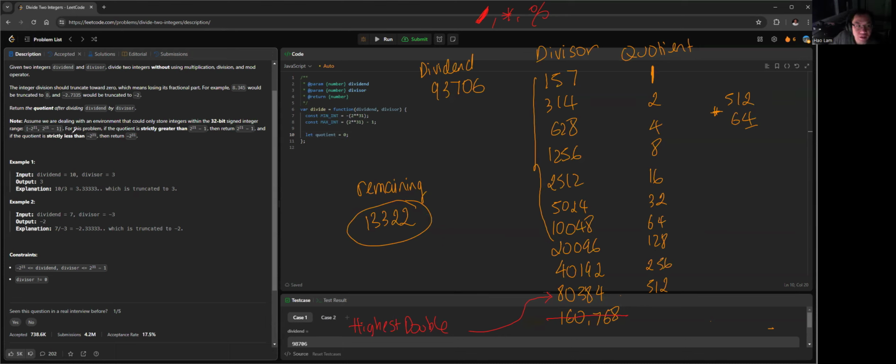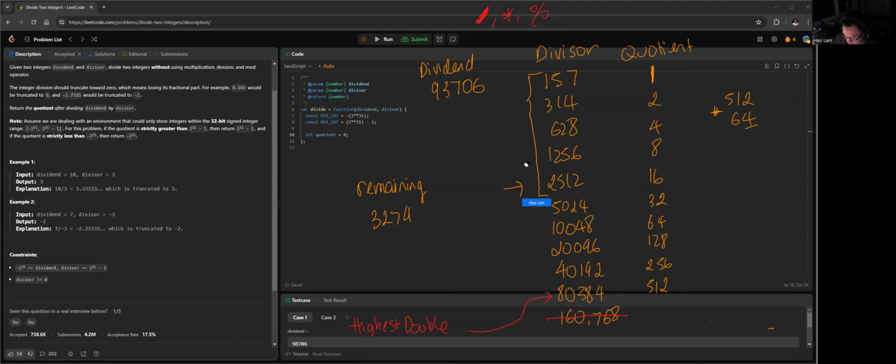That gives us a new remaining of 3274. So we repeat the process. We go to our divisor again and keep doubling it until we get to a number that is larger than 3274, which is this part right here.